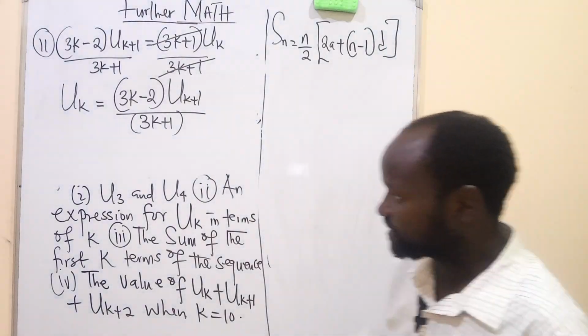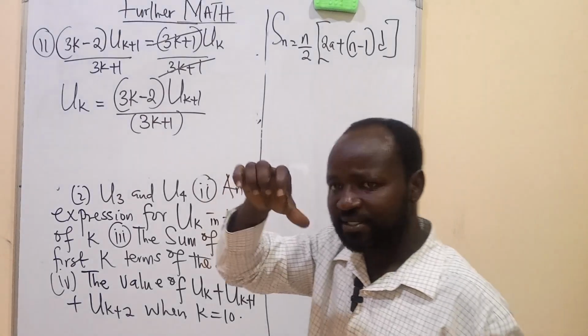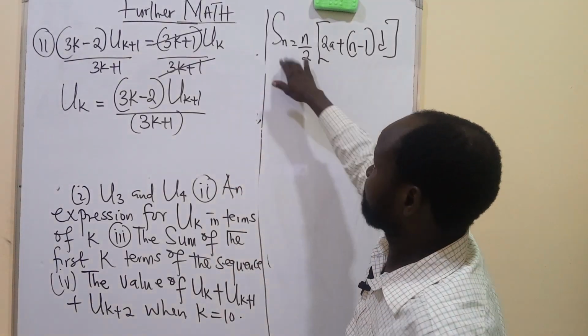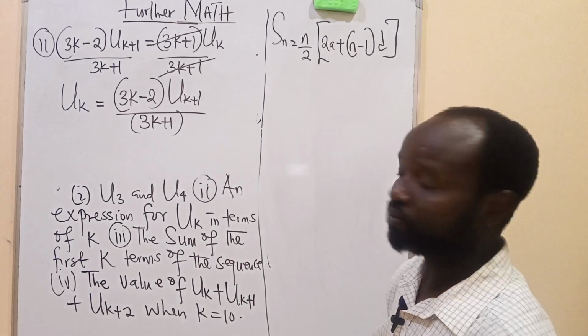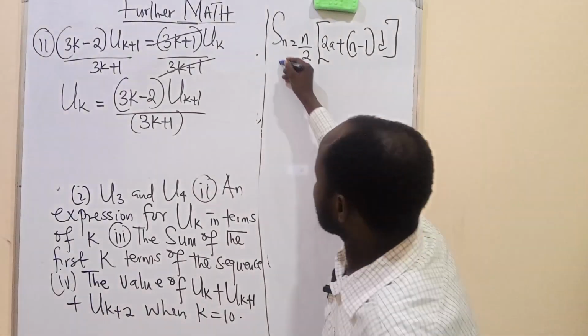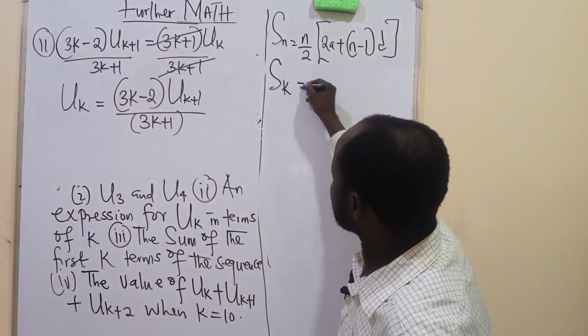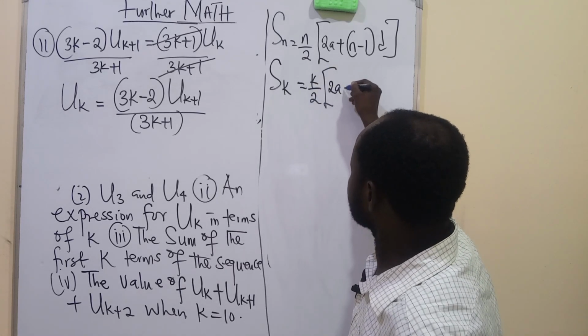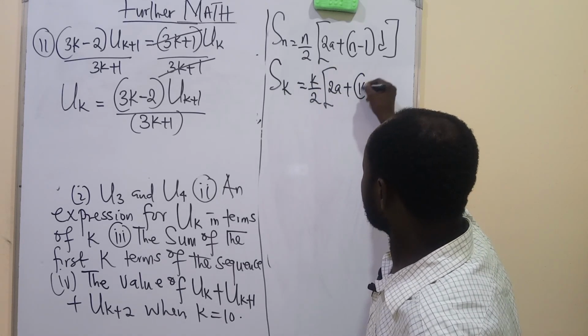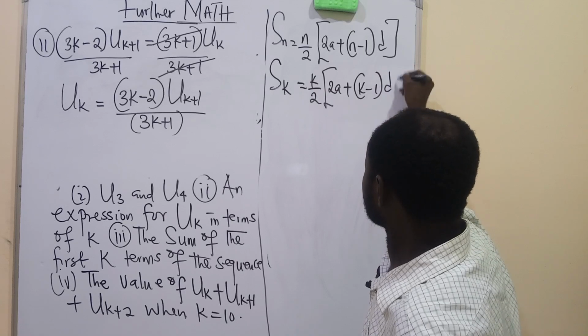But in this case, we are using k as our n. So let's substitute k for n into this sum formula and see what we'll have. The sum will be equal to k divided by 2, into the square bracket, 2a plus (k minus 1) times d.